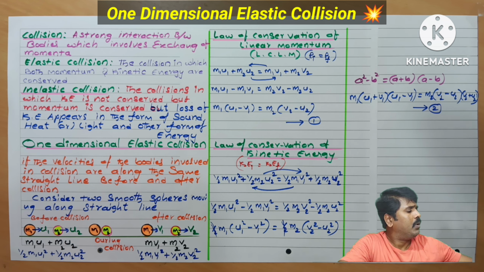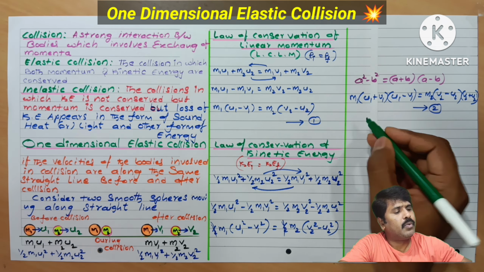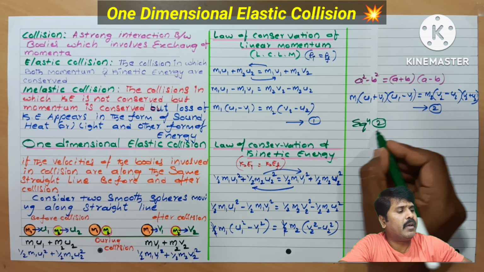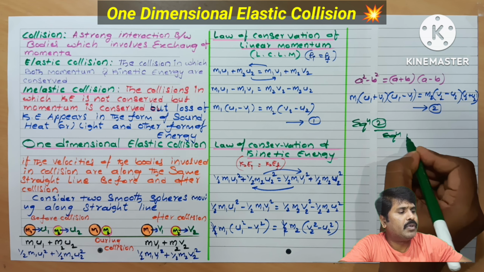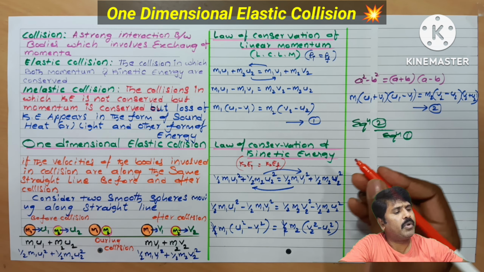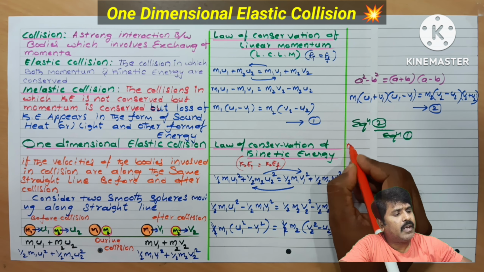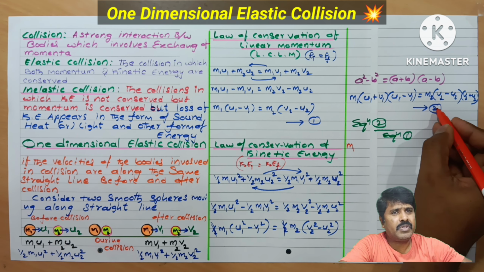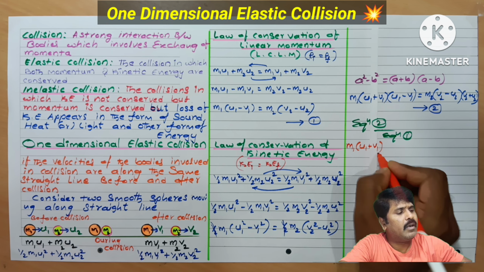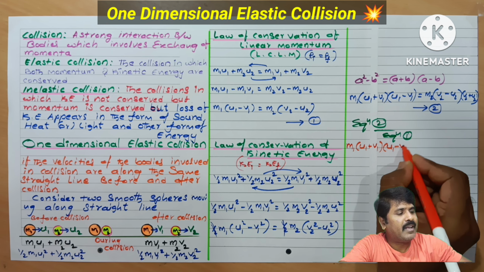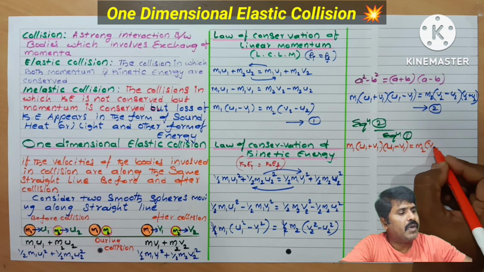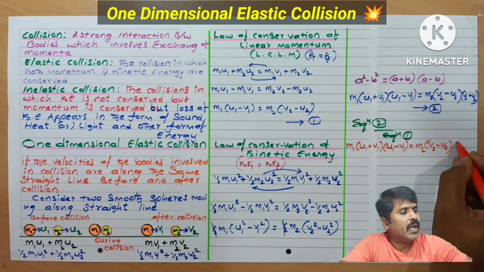Now equation 2 divided by equation 1. The second equation m1 (u1 plus v1)(u1 minus v1) is equal to m2 (v2 minus u2)(v2 plus u2), with the LHS divided by the first equation's m1 (u1 minus v1) and the RHS by m2 (v2 minus u2).